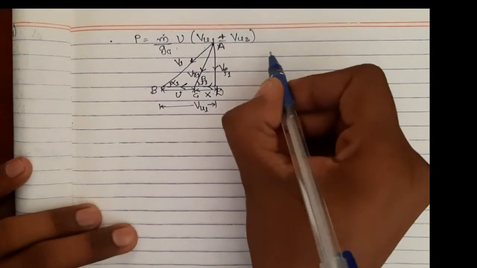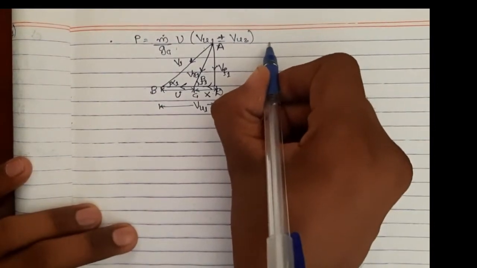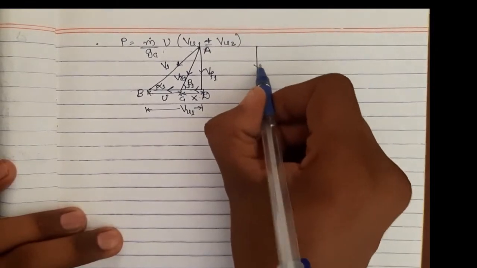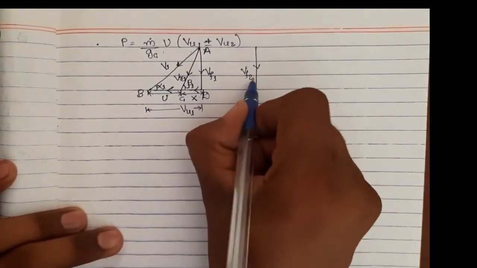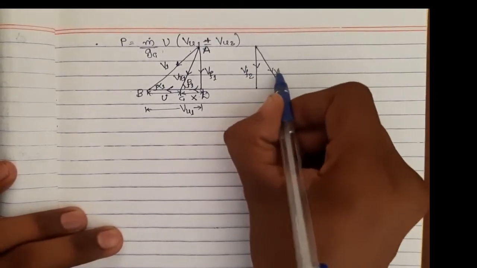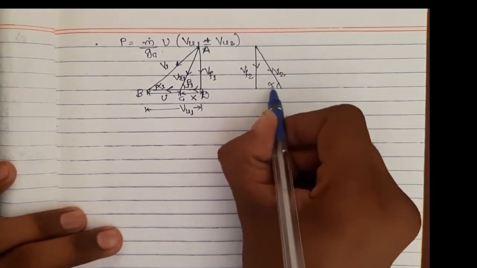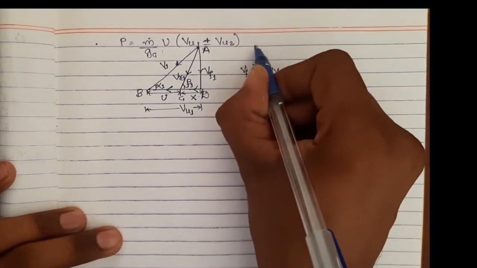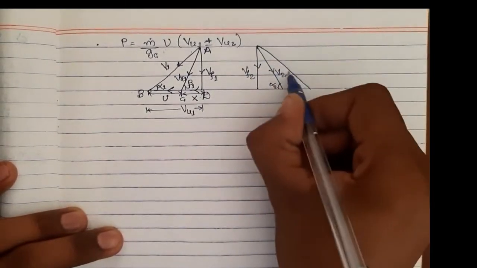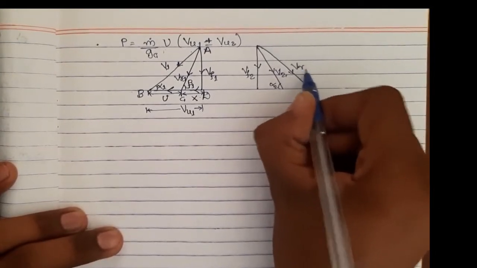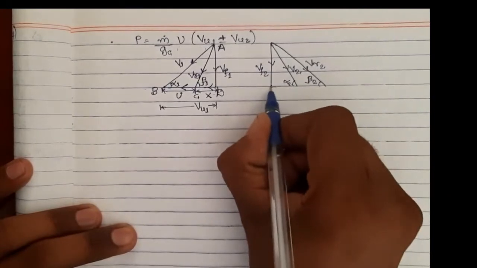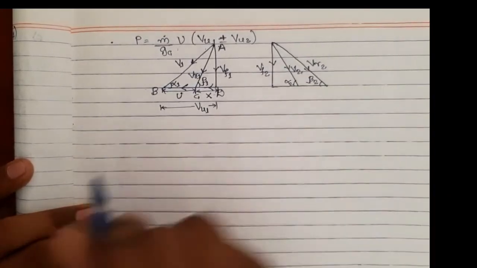So let us draw the outlet velocity triangle. In the outlet velocity triangle, let this be VF2, then let this be V2 at an angle alpha 2, then let this be VR2 at an angle beta 2, right?